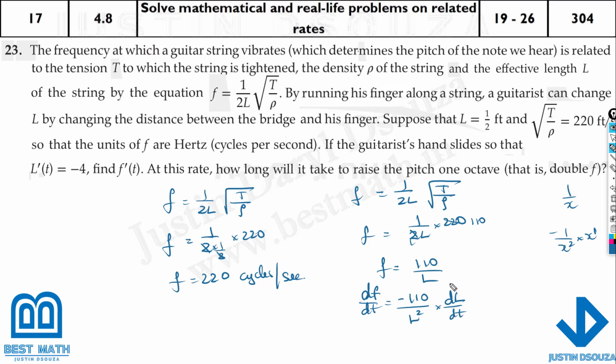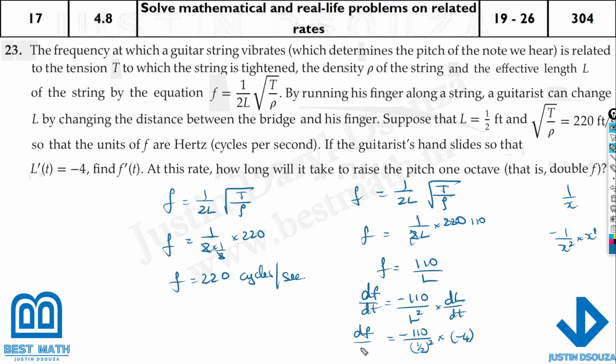Now then we can substitute what is known. What exactly do we know? We know the L value, we know the dl by dt value is minus 4. So let's substitute everything. Minus 110 divided by this half, the whole squared, multiplied by minus 4.